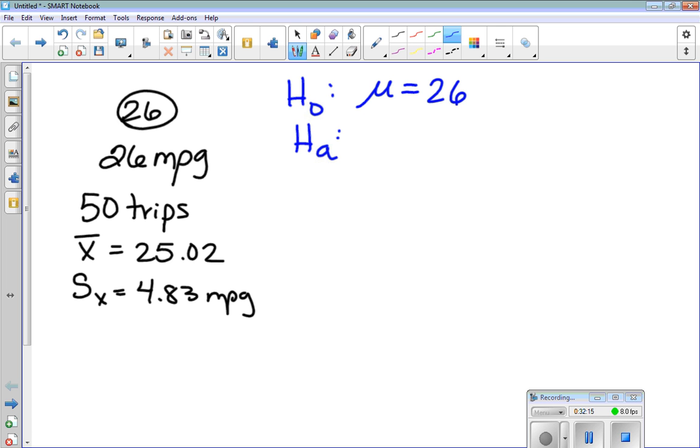So the alternative is that they didn't meet their goal. Is that a two-tailed or a one-tailed test? It's one-tailed. It means that mu is less than 26. They didn't attain their goal. They didn't get their miles per gallon high enough. Okay? Some people think doesn't meet their goal means not equal to. And that doesn't happen in this case. It does mean less than.